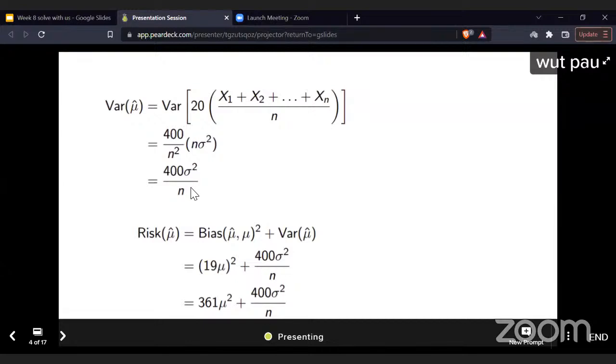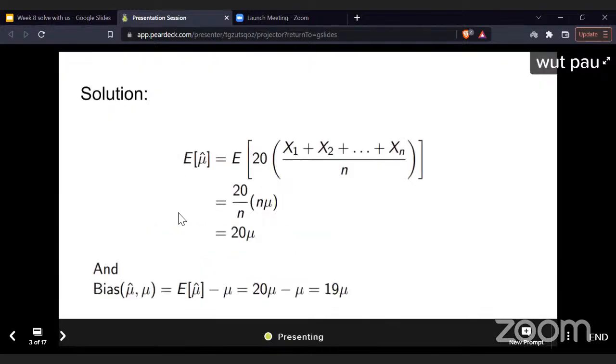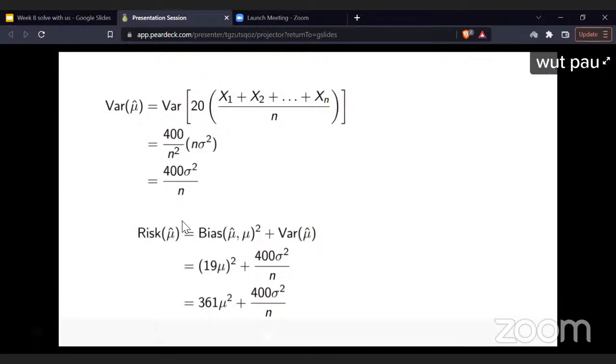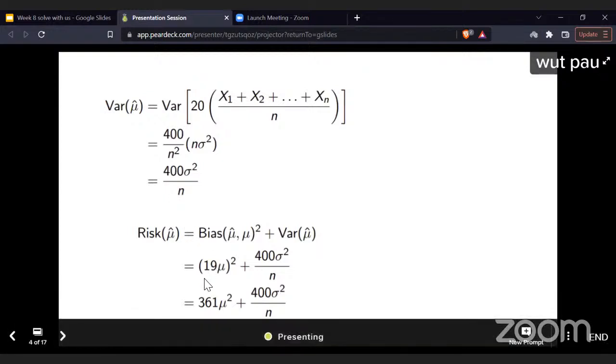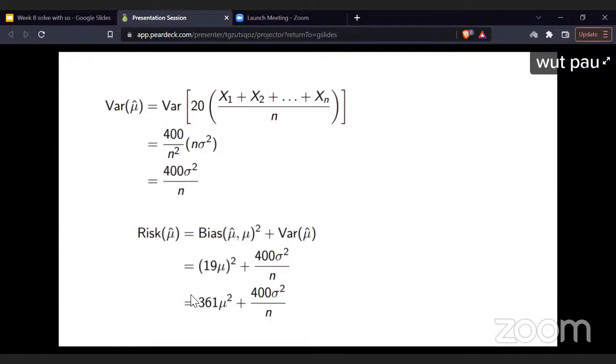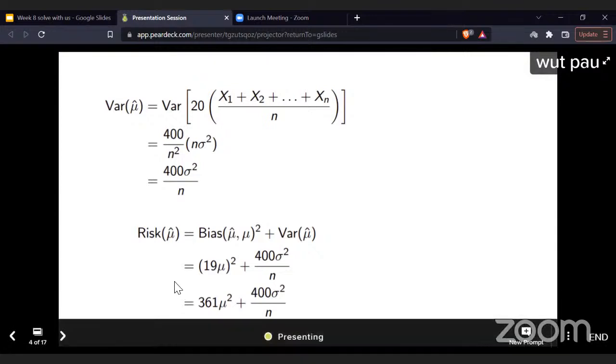So what is risk? Risk is bias square plus variance. We found the bias, that is 19 mu, so its square is 19 square, which is 361. So bias square plus variance of mu hat gives 361 mu square plus 400 sigma square by n.